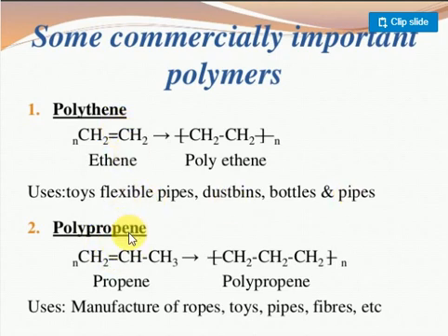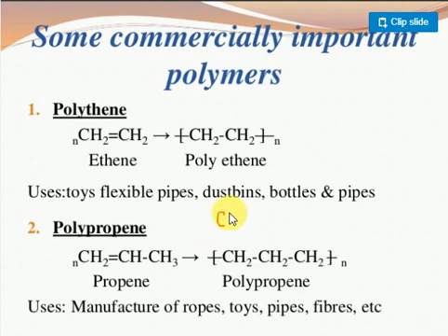Polypropene. Look at propene: CH2 double bond CH with CH3. What happens here? This carbon is attached to some other polymer unit, and this carbon was attached here. This is called polypropene. Remember, a small difference is coming here. Just imagine this attachment will be there; I will make it very clear. How will it behave?